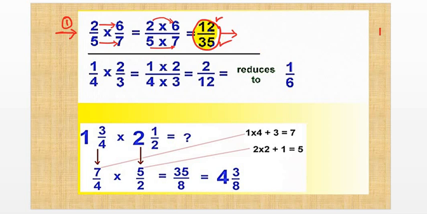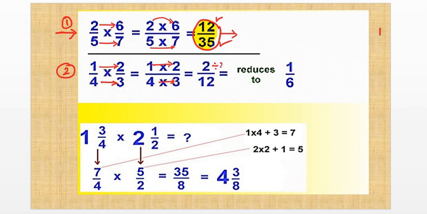Now let's look at the second example. It says 1/4 times 2/3. Again, you multiply the numerator with the numerator. So 1 times 2 gives us 2, and 4 times 3 gives us 12. Now when I look at this fraction, there is a number that could divide both 2 and 12. This shows that this fraction could be reduced further. So what will you do?